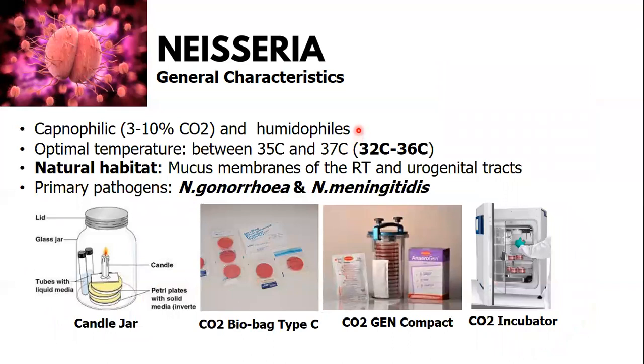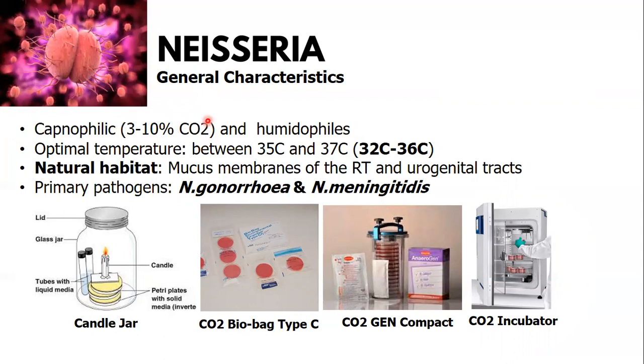In terms of growth requirements, take note that members of the family Neisseriaceae are capnophilic. As learned previously, capnophilic bacteria require increased concentration of carbon dioxide, around 3 to 10%.